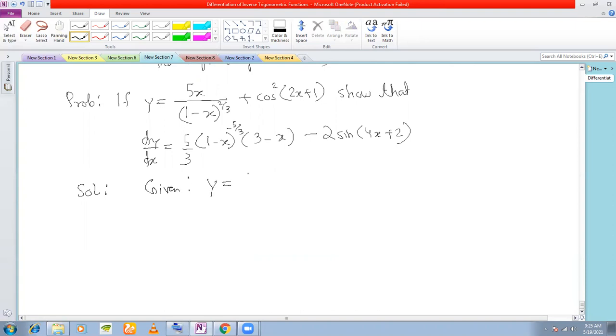So given y is equal to 5x by (1 minus x) to the power of 2/3 plus cos square (2x plus 1). Differentiate this.